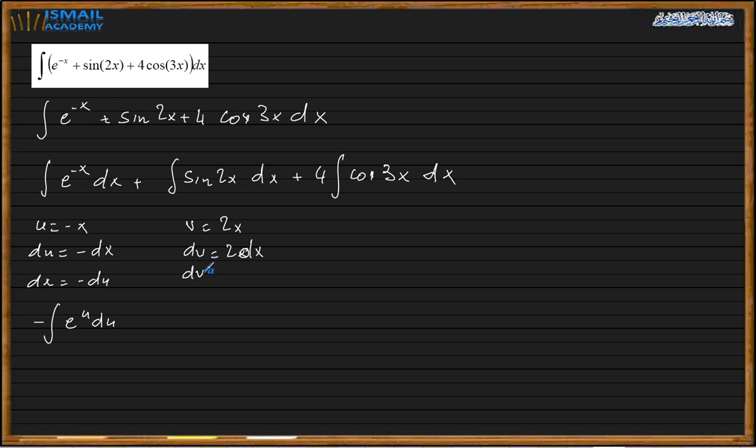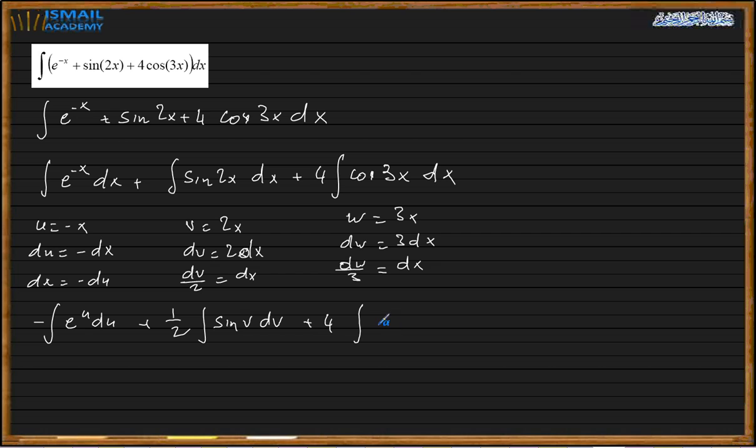That means I will have dv over 2 equal dx, so here will be plus 1 half sine of v dv, and here I will have w is 3x, that means d of w is 3 dx, so dw over 3 will be dx, so here will be 4 over 3 cosine of w dw.